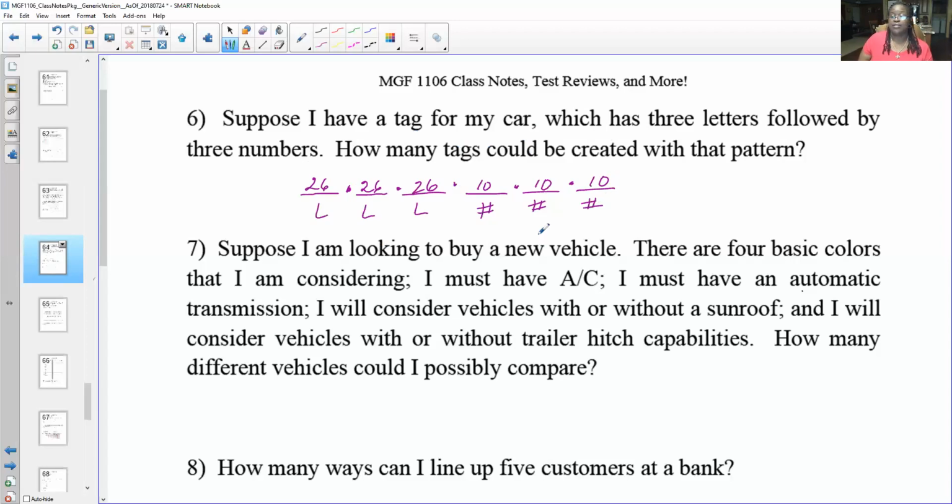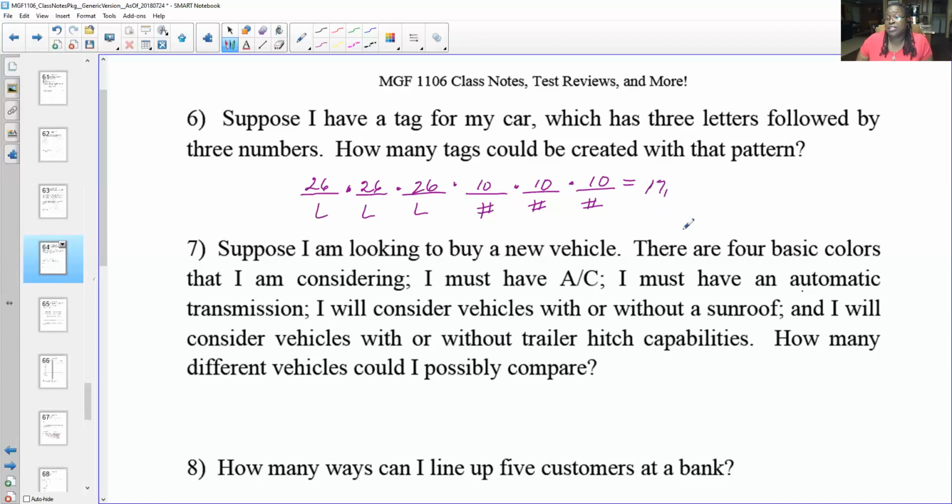Is everybody good? Right? So now when we multiply all those, you're going to get a really big number. Go ahead and calculate it. I'll wait. How many tags could be created with this pattern? All right. That's right. Your number should start with the 1. So you have 17.